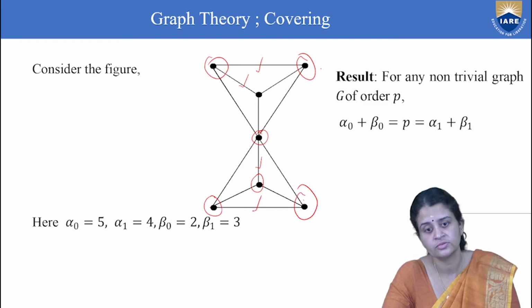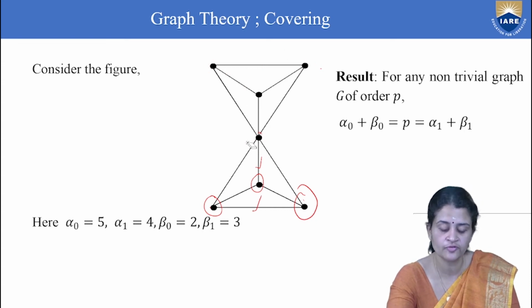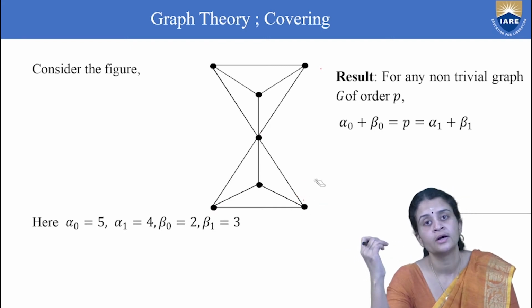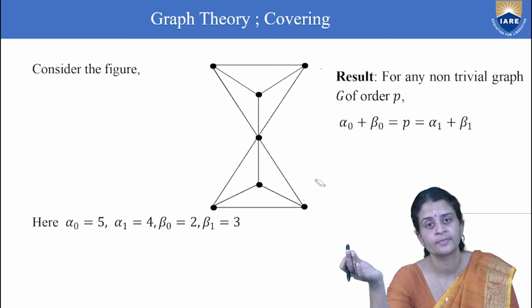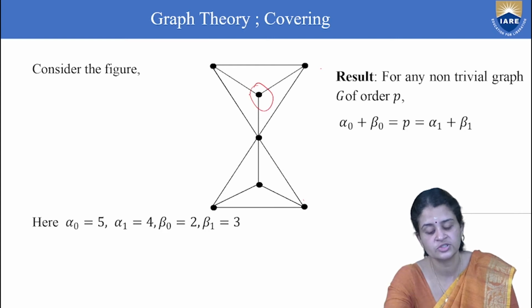Similarly, beta 0, which is the maximum number of independent vertices. Suppose I am taking this vertex, it is adjacent to 1, 2, 3, so we cannot take any of these. So then I am taking this one.